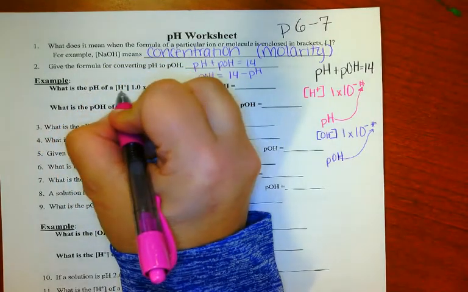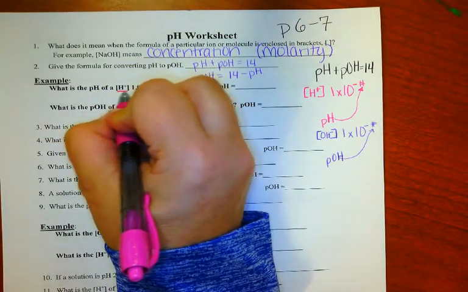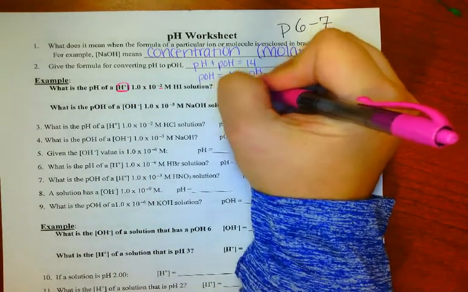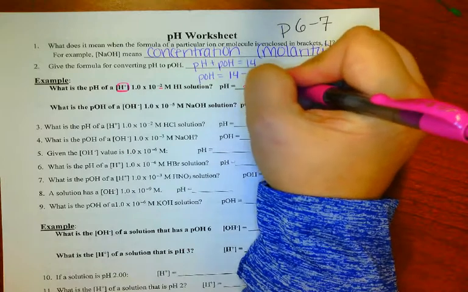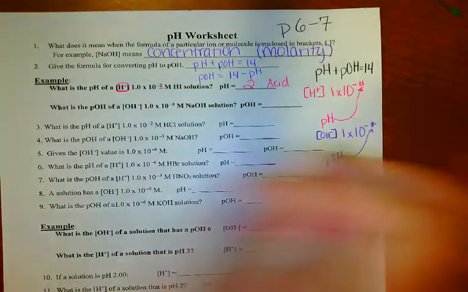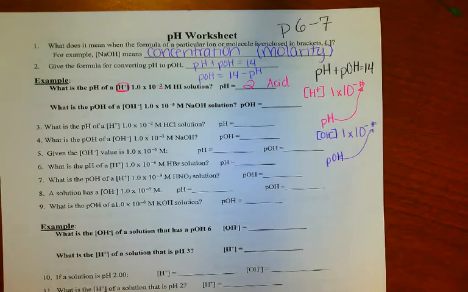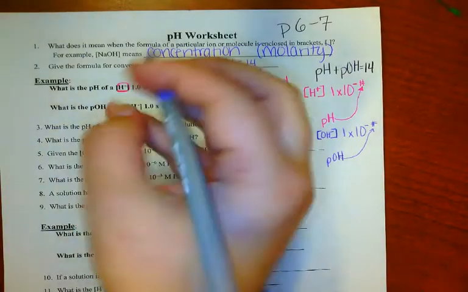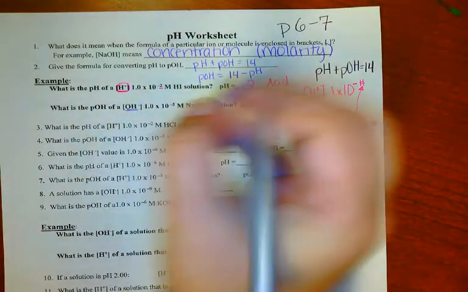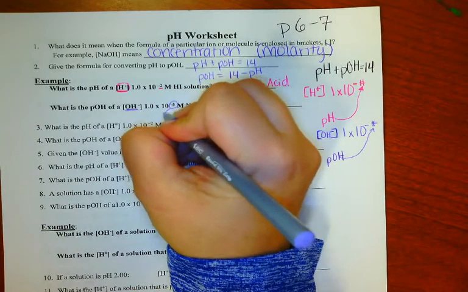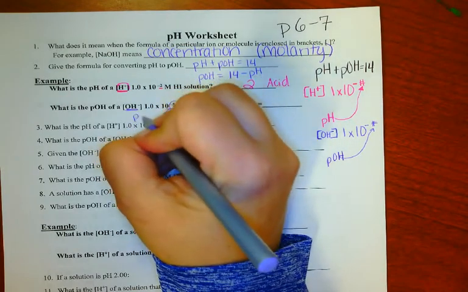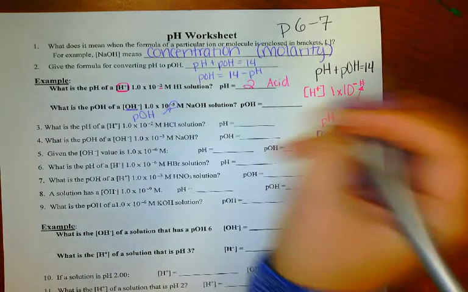So, let's look at our first example. It's telling us that the hydrogen concentration is 10 to the -2. That means the pH is 2, thus this is an acid. pOH is a little bit harder. If they give you the OH concentration, that 5 right there is the pOH.